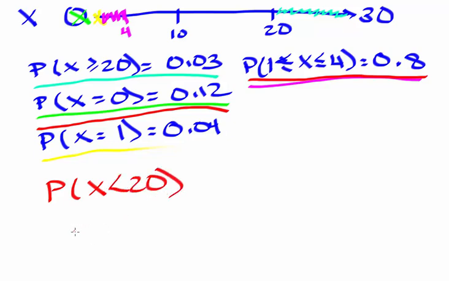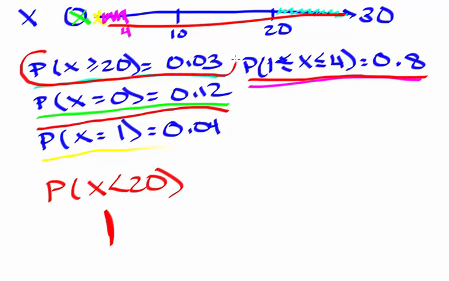Now we know that the probability of x falling on this entire line is going to be 1. And we know that the probability of anything greater than 20 is captured in this probability.